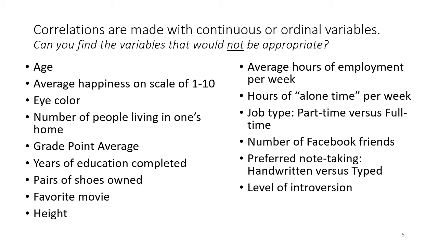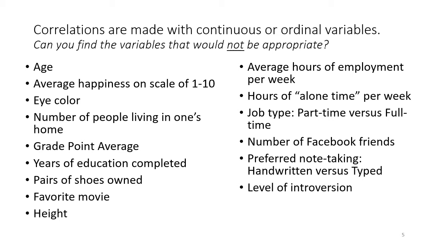So you can identify, if you look closely, a few variables here that differ just by name, and the order in which they were placed wouldn't matter. So age, average happiness on a scale of 1 to 10, eye color. Of those 3, we can see that age and happiness both have a numerical ranking.